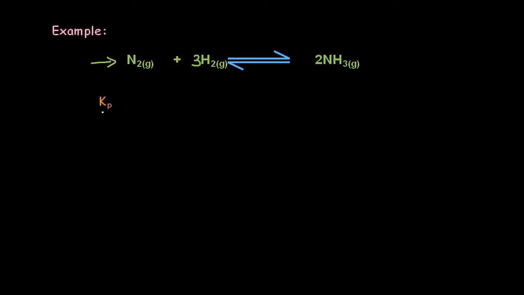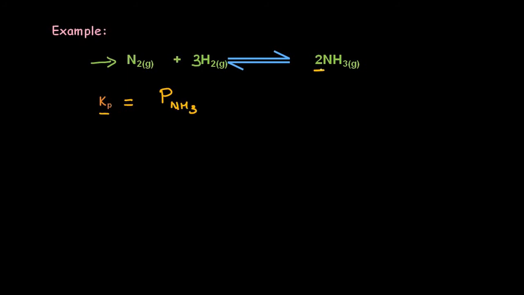If we want to write an expression for Kp, we again need to write the products first in the numerator. Now if we apply the expression of Kp, we need to denote it in terms of the partial pressure of ammonia first, that is the product.